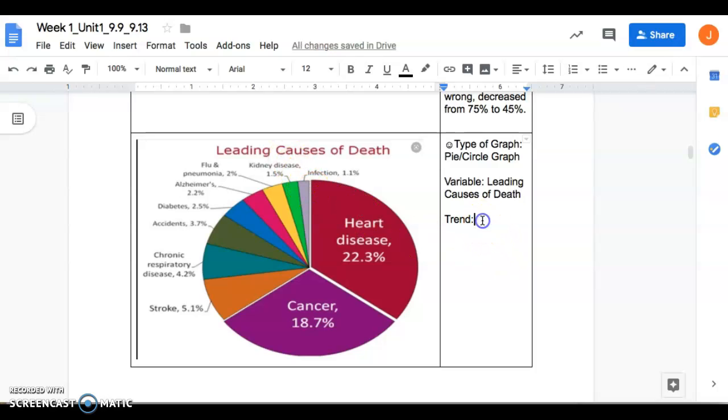For my trend, I'm going to look at my biggest piece of pie here. This is telling me that heart disease has the largest percent, meaning it is the leading cause of death. So this trend is more of an observation that you're seeing.